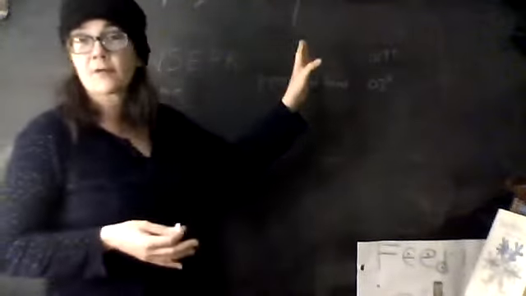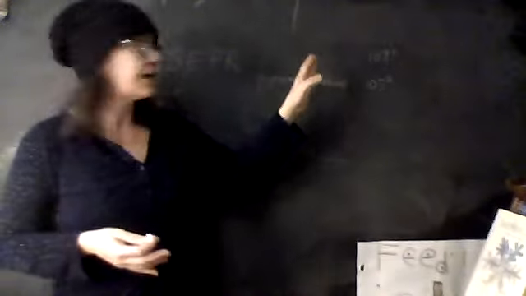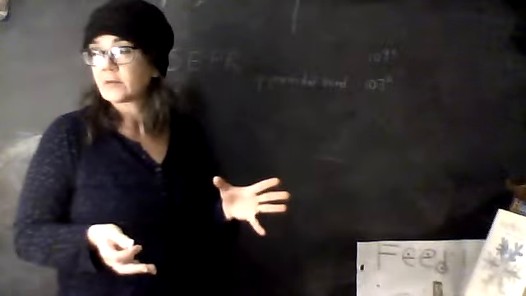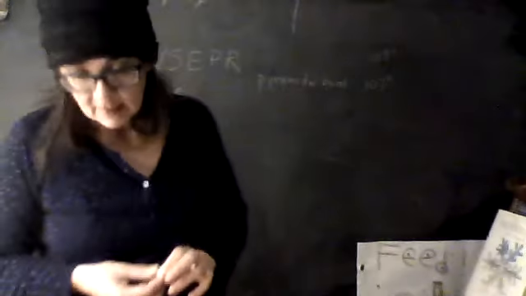It's 107 degrees. And how about in the tetrahedral? 109 degrees. So one is a bigger angle, not by a lot, right? Okay. So in the pyramidal bond, they're not pushed as far apart. Okay? Yes.